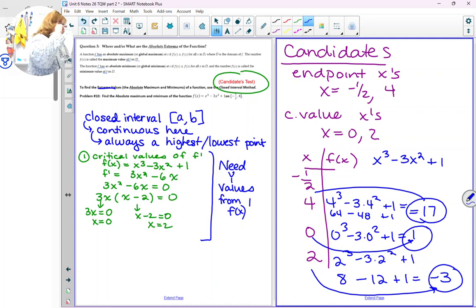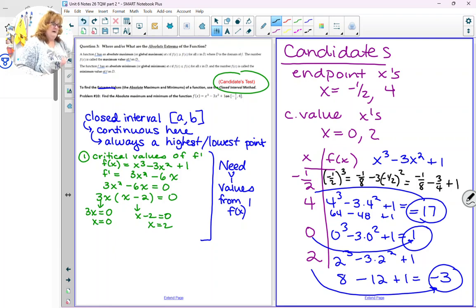We're going to have to see what happens with the negative 1/2. This is the one that's a little bit of a pain. So negative 1/2 cubed is negative 1/8 minus 3 times negative 1/2 squared is going to be negative 1/8 minus 3/4 plus 1.